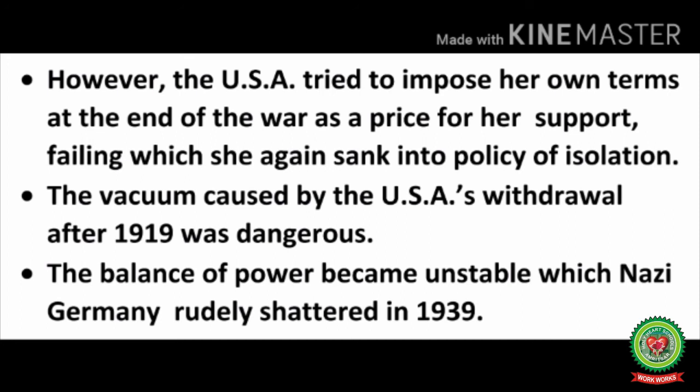After the First World War, the League of Nations was formed, but once again America decided to continue its policy of isolation. America did not join the League of Nations. As a result, again the balance of power in Europe got spoiled. France tried to dominate Germany, as Germany was already defeated, and France and Germany had been traditional enemies.